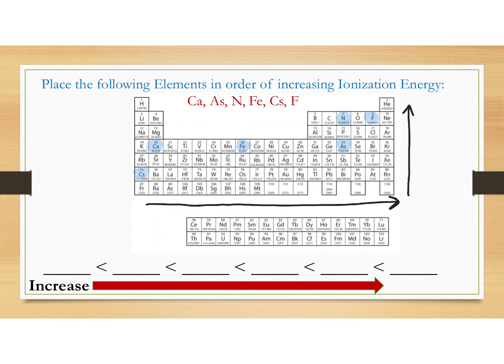If I look at this on the periodic table, the one clear over on the left-hand side has the lowest ionization energy, and the one on the right-hand side has the highest ionization energy. So which one has the lowest? Remember, I'm going to follow these trends.